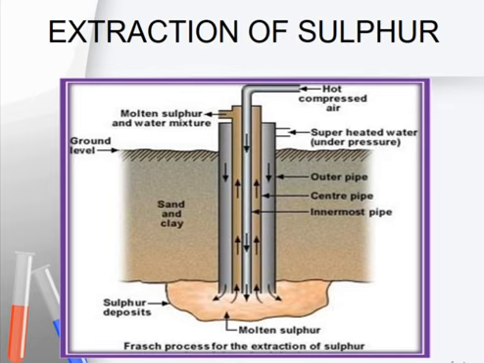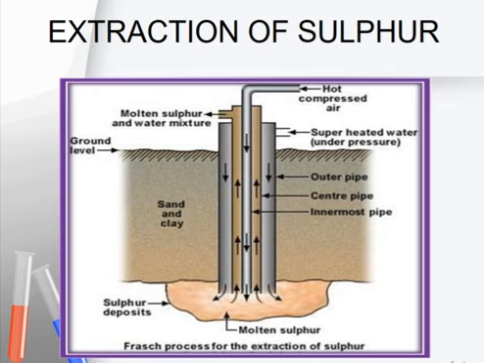Extraction of sulfur. Most of the world's sulfur is obtained from underground deposits, which may be more than 20 meters below the surface of the earth.